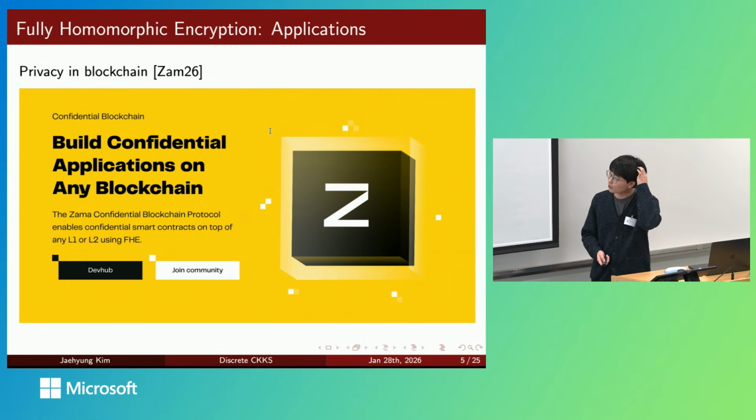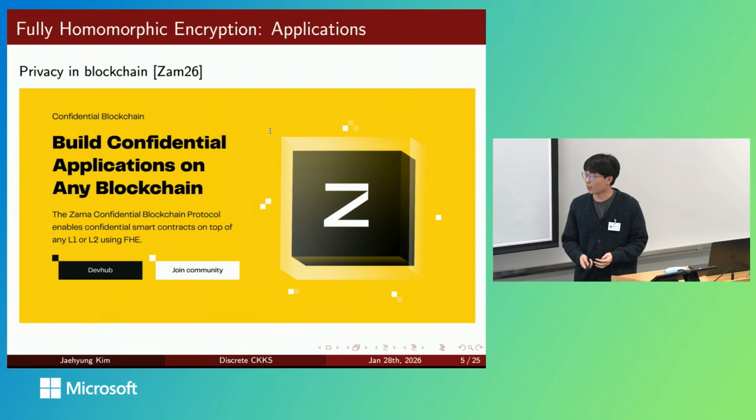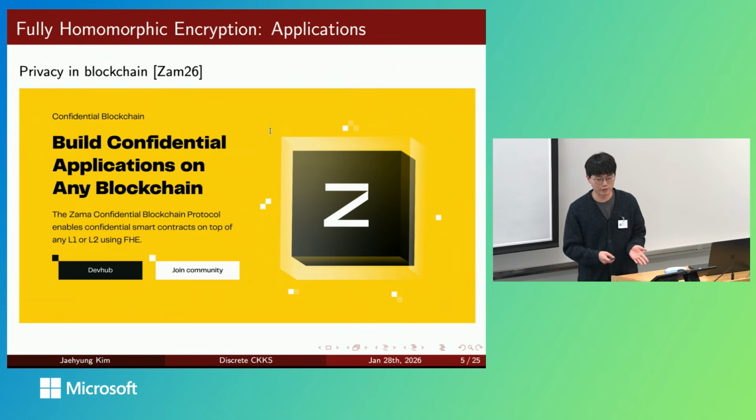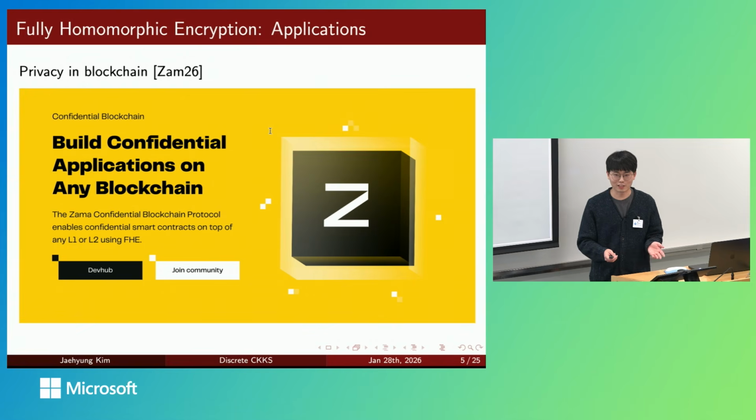The other application is providing privacy in blockchain. Usually blockchains are very transparent. For instance, if you get a salary inside a blockchain, then your friends or family or whoever can know what amount you get as salary, which is not so great. FHE is a good solution in this way, in that you can, for instance, hide your salary or transactions.